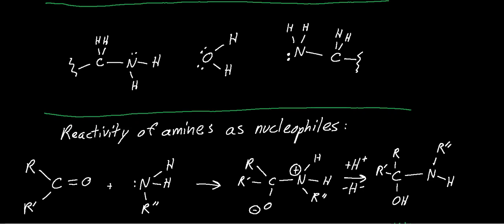Clearly, we'll look at examples shortly where amines can act as either a base or a nucleophile. And hydrogen bonding, because of the inductive effects and electronegativity, is important for amines, just like for alcohols. In this scheme, we can see that you would probably have a hydrogen bond here. You're looking at the interaction between lone pairs and hydrogens. And remember, this is delta plus, so it makes sense.